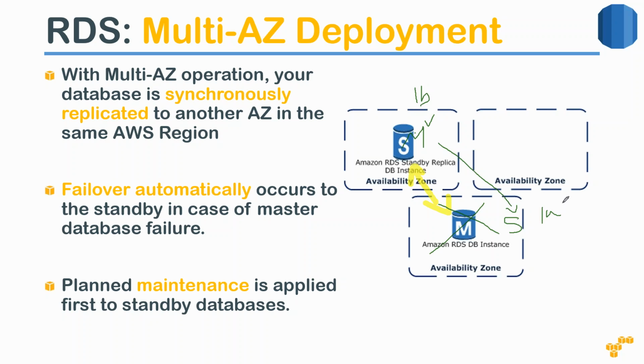And when it comes to upgrades, let us say you are running version 1.0 of a particular database and your database vendor has released version 2, and you want the upgrade to happen because there are some new features you want to take advantage of. So what happens is, you give Amazon the downtime that is required to do the upgrade. Amazon upgrades your slave version first.